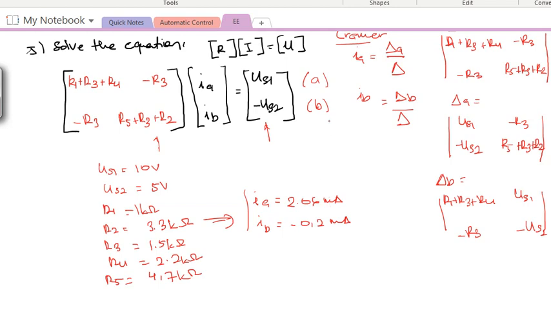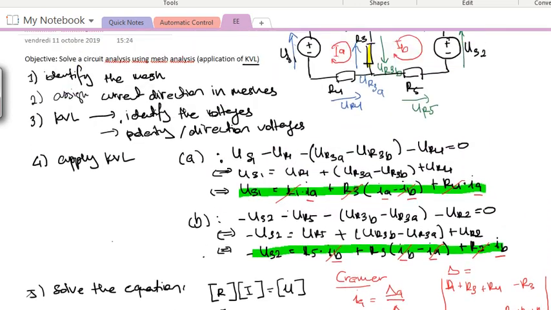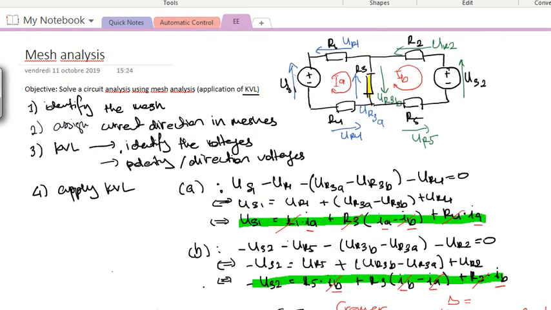So try to solve the equations with these parameters to find IA and IB. That's how we solve a circuit analysis using mesh analysis.